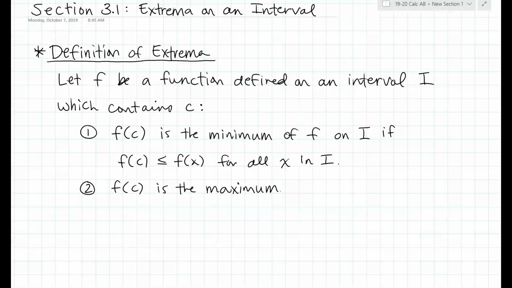So f of C is the maximum of f on I if f of C is greater than or equal to f of x for all x in I. Go ahead and write that down.